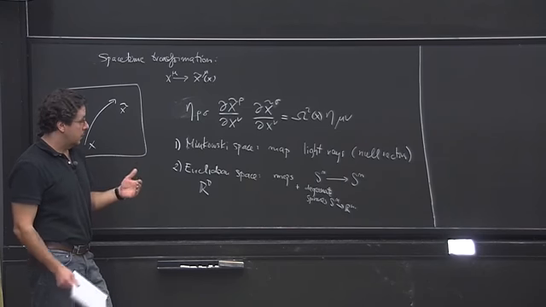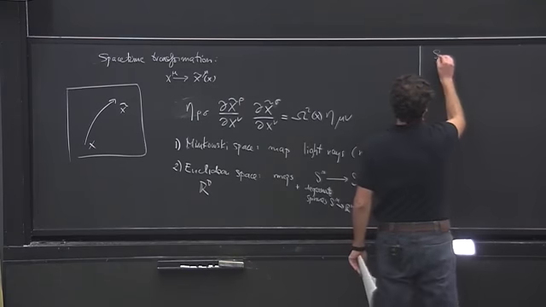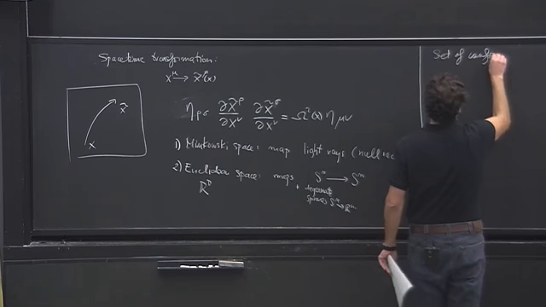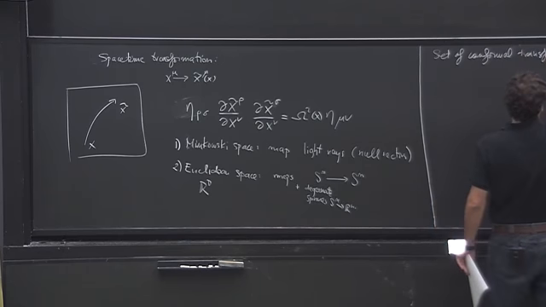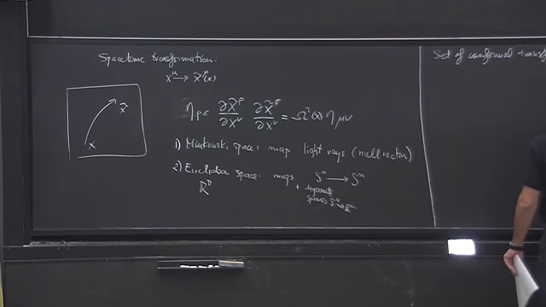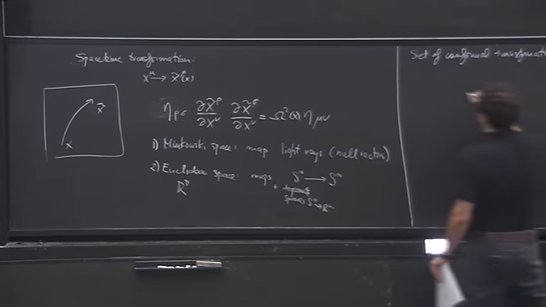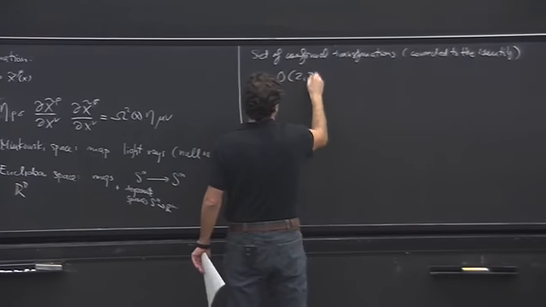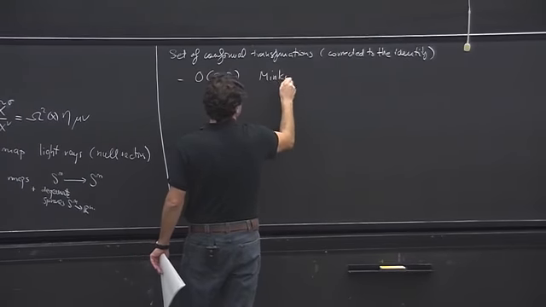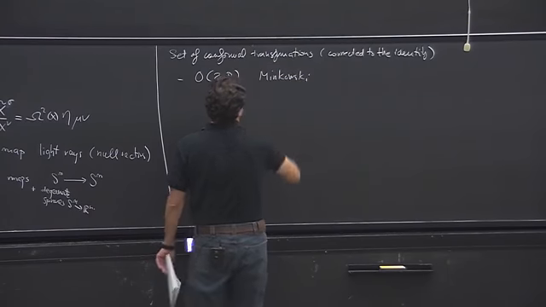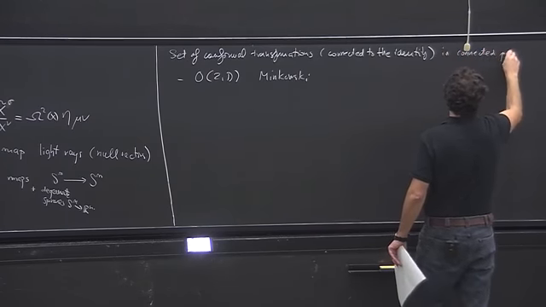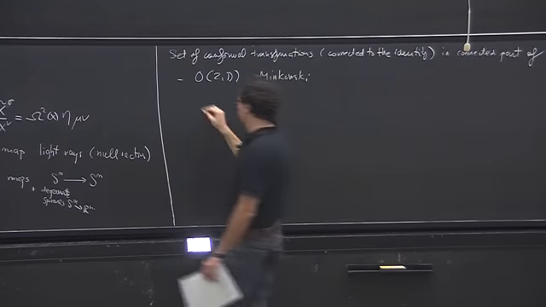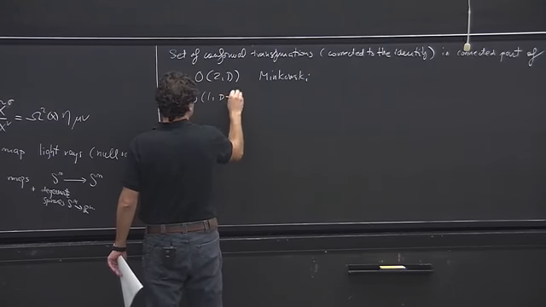And we saw that the conformal group, the set of conformal transformations which are connected to the identity, live in the connected part of O(2,D) if we're in Minkowski, and O(1,D+1) if we're in Euclidean.